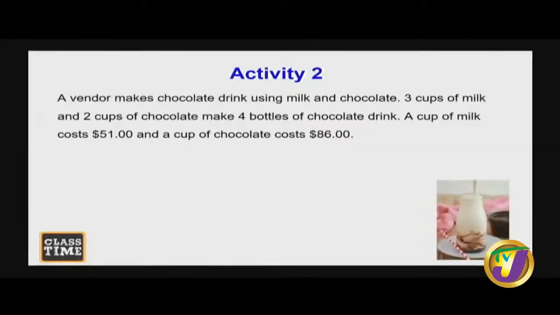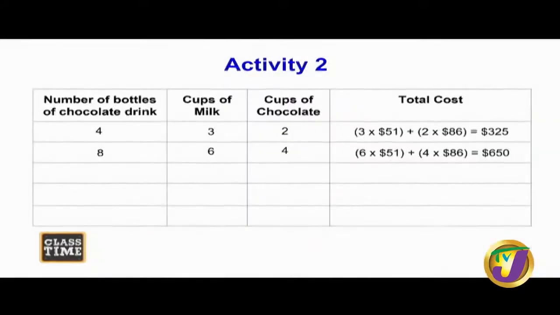Putting it together, we see that 8 bottles of chocolate drink cost $650. Because 8 bottles is twice the 4 bottles, the cost is actually twice the cost of making the 4 bottles. So, we are getting a lot of pattern. Let's see what's happening now if I made 12 bottles.